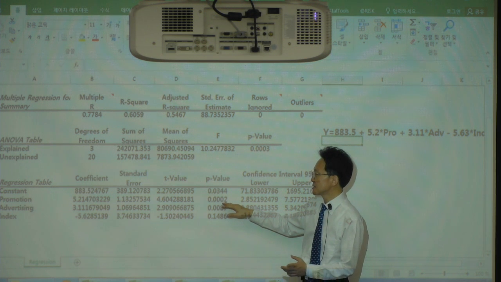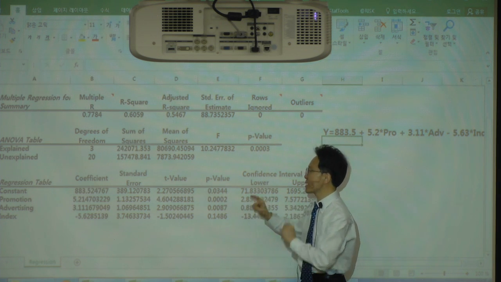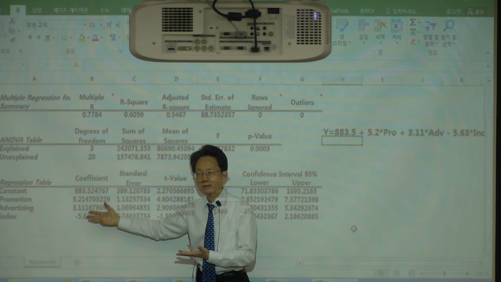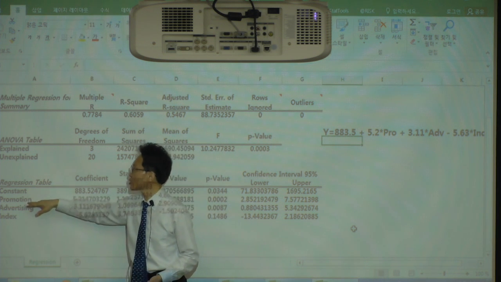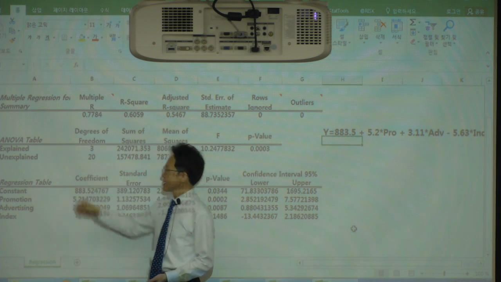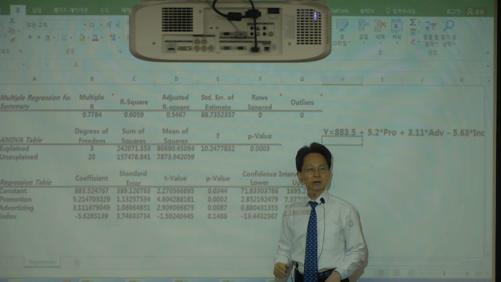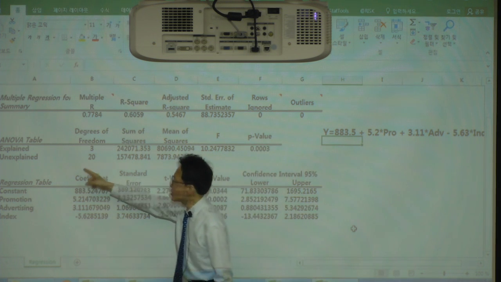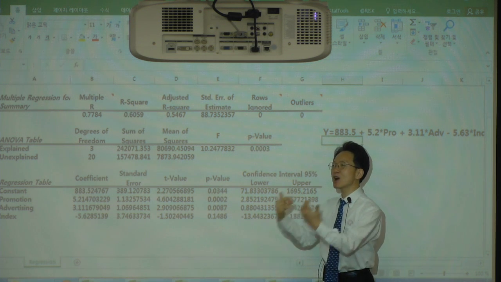It says that if I reject the null hypothesis, in this case, the null hypothesis is beta 1 equals 0. That means that there is no relationship between promotion and sales. But now, if I reject that null hypothesis, in other words, if I reject that there is no relationship between promotion and sales, how confident am I?